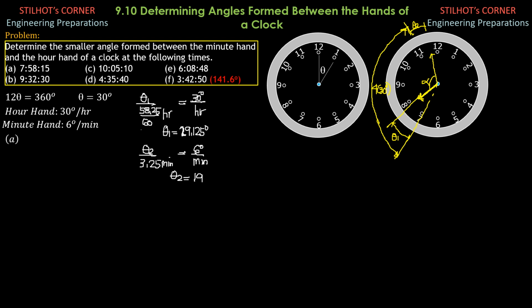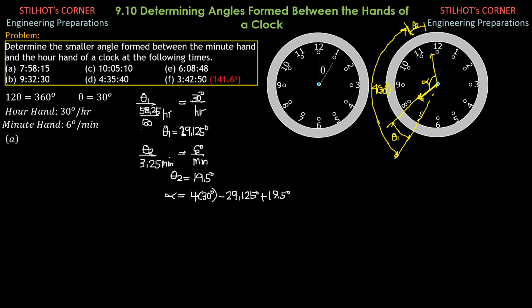So from the figure, alpha is equal to 4 times 30 degrees minus theta 1, plus theta 2. So minus theta 1, which is 29.125 degrees, plus theta 2, 19.5 degrees.